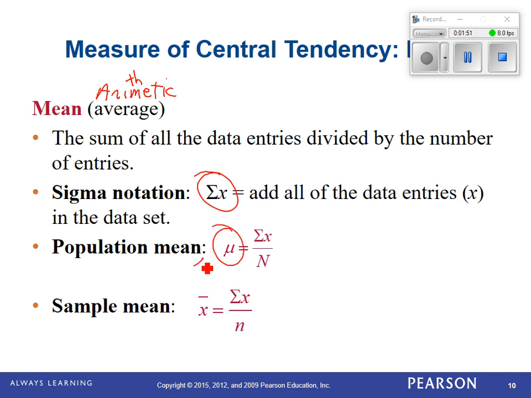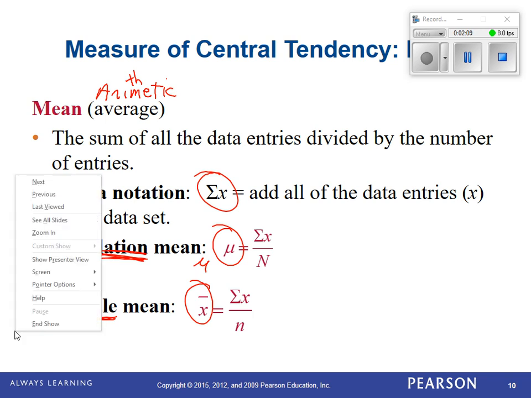Mu, it's a Greek letter. That stands for the mean of the population. X bar stands for the mean of the sample. Two completely different things. You got to know when you're using one, when you're using the other, and know the difference in them.